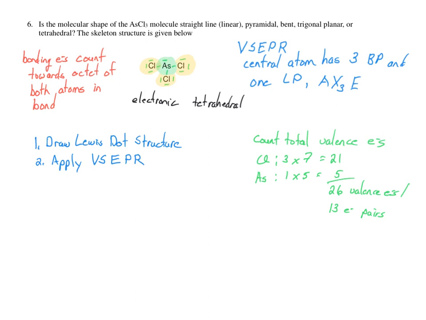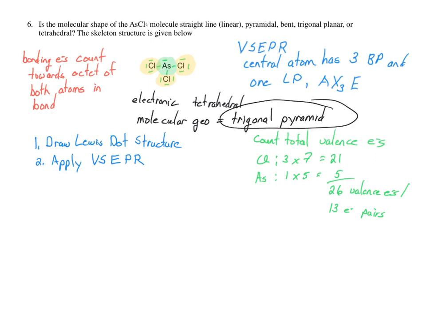So when we consider the molecular geometry, we fill one of those tetrahedral spaces with a lone pair, and what results in terms of molecular geometry is a trigonal pyramid. And that's our answer.